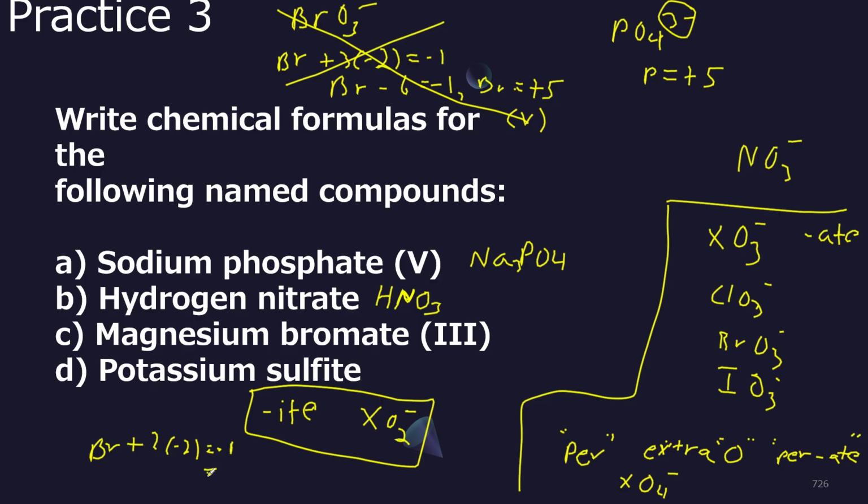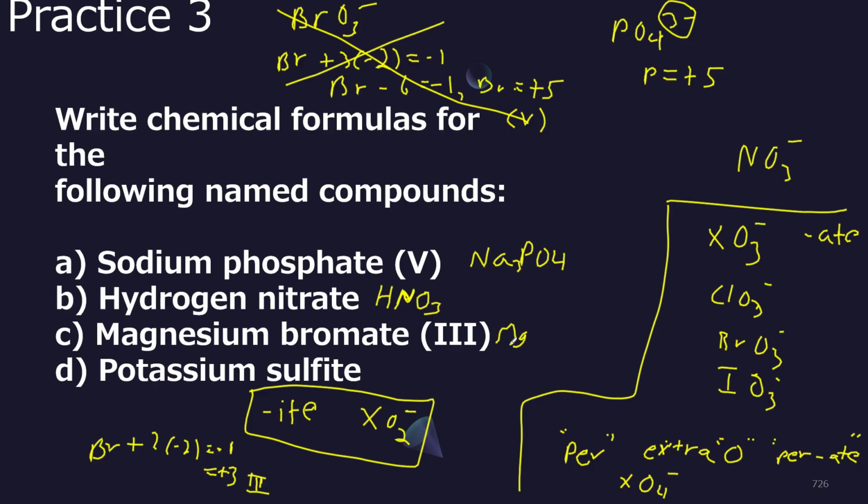But in this case, this will be Br minus 4 equals minus 1. Therefore, Br equals plus 3. That is what we need. We need that triple Roman numeral on the bromine, the central atom in the oxoanion. So this must be magnesium.